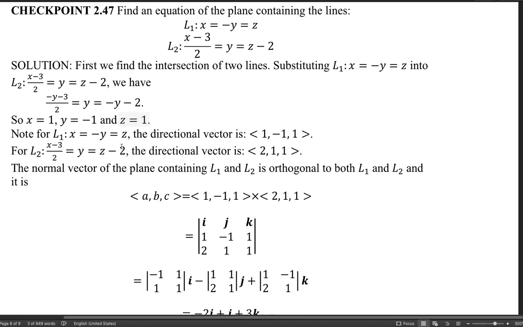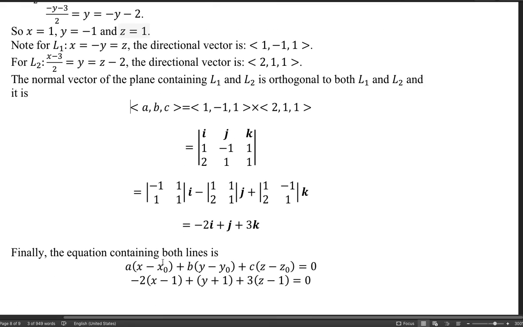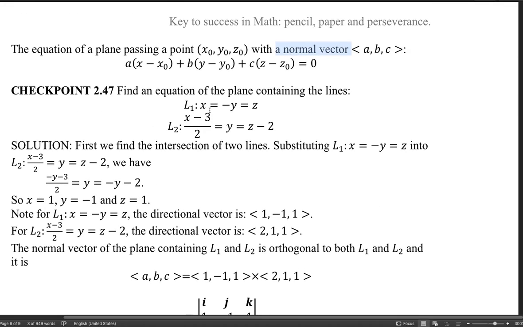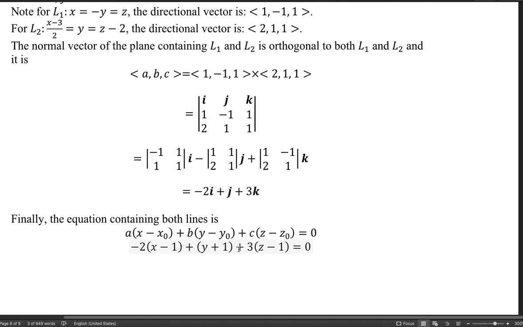Then we have the normal vector, which is right here, a, b, c. Finally, according to the formula we provided in the beginning, the equation of a plane passing through a point with the normal vector turns out to be such. Hopefully I get all the numbers correctly.